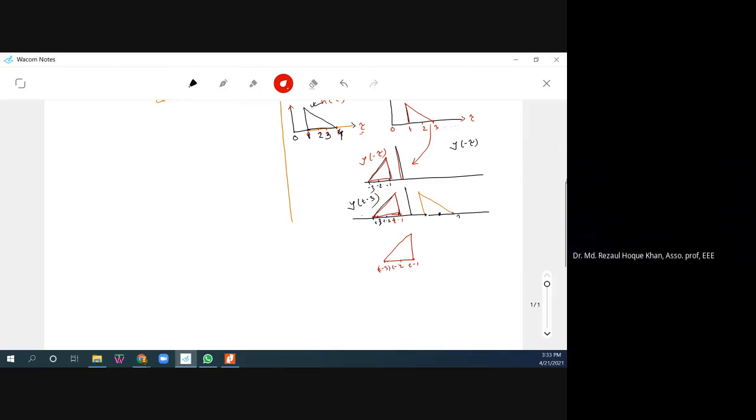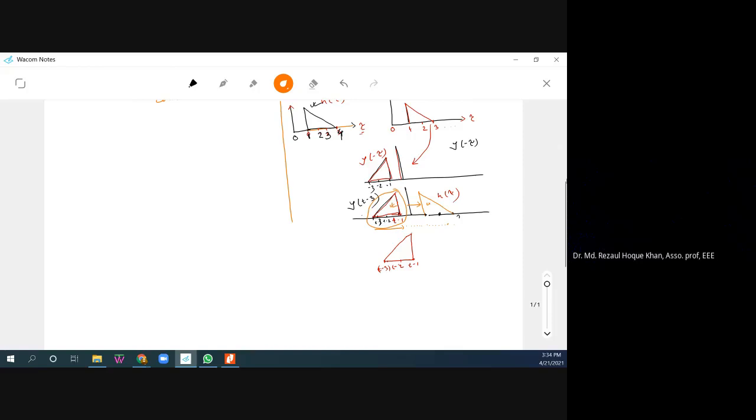This signal and this signal have to be multiplied. This is our h(tau), and this is our y(tau). You have to bring this signal close to it. The whole signal will be shifted there little by little, and you integrate little by little. So if, for example, this signal just touches this signal, what will happen?